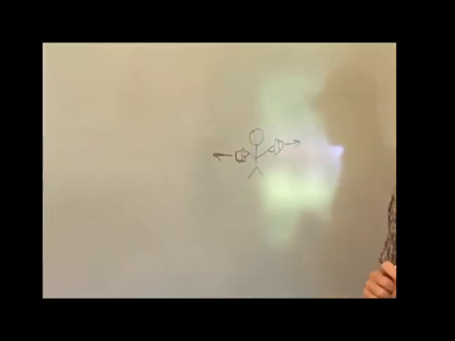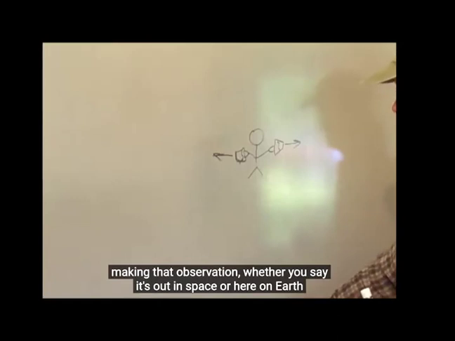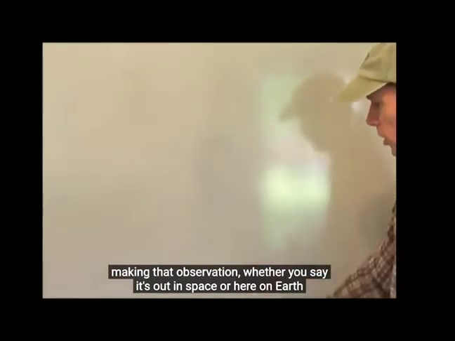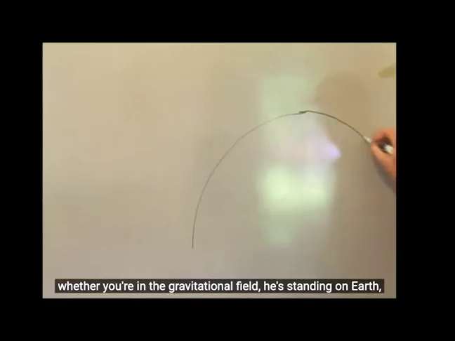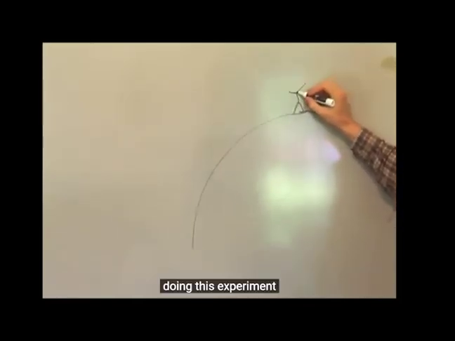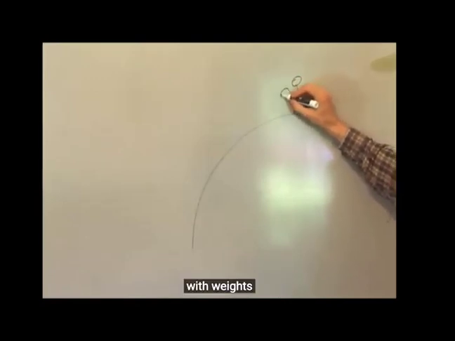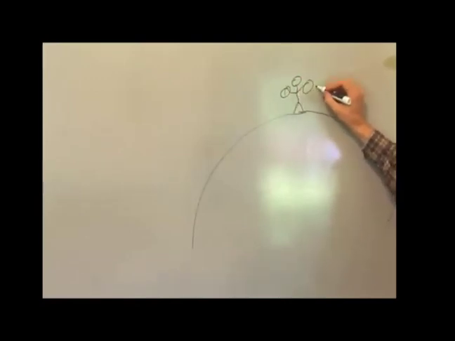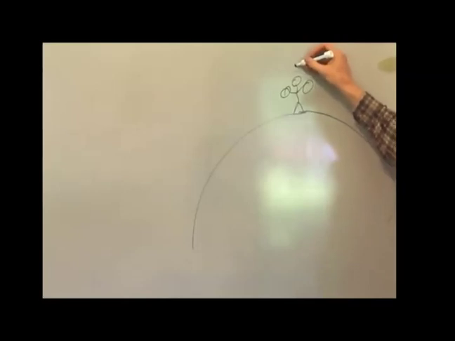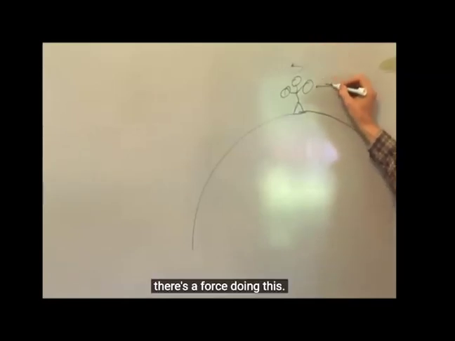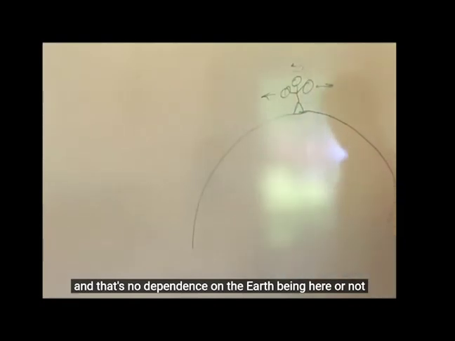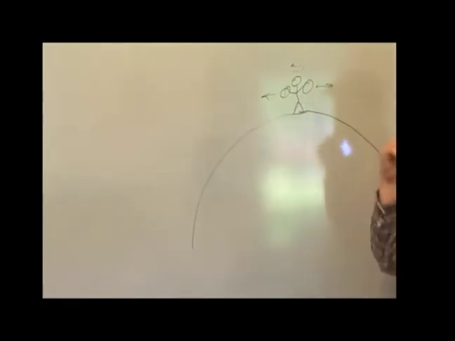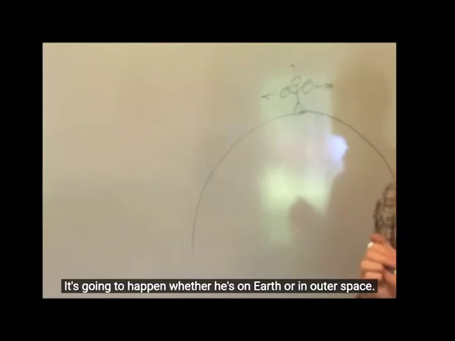So Ernst Mach making that observation, whether you do the experiment out in space or on Earth, whether you're in a gravitational field, he's standing on Earth doing this experiment with weights. If he's spinning, there's a force doing this. It has no dependence on the Earth being here or not. It's going to happen whether he's on Earth or in outer space.